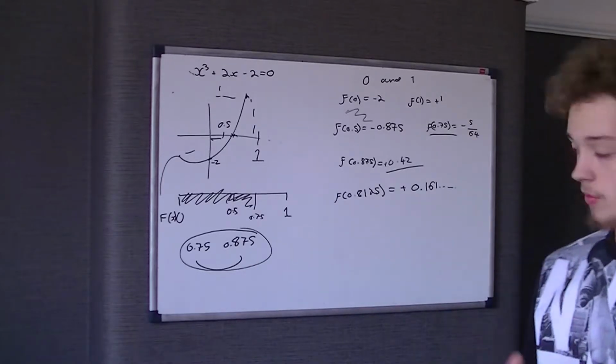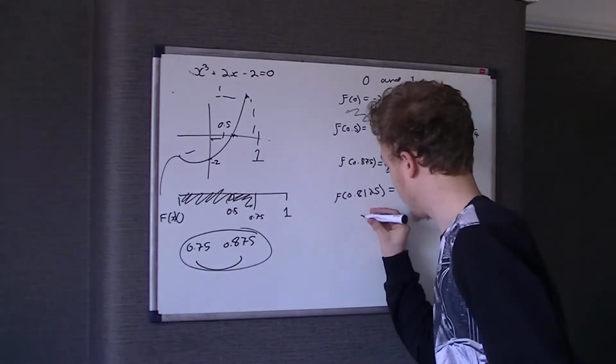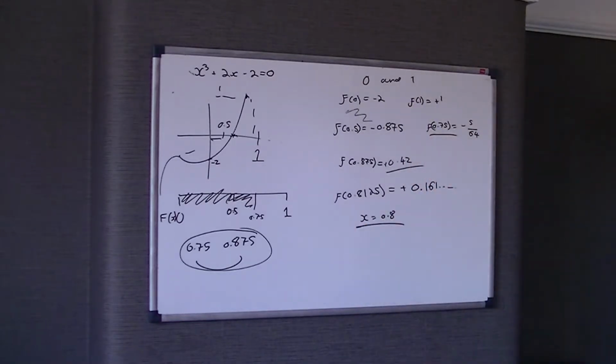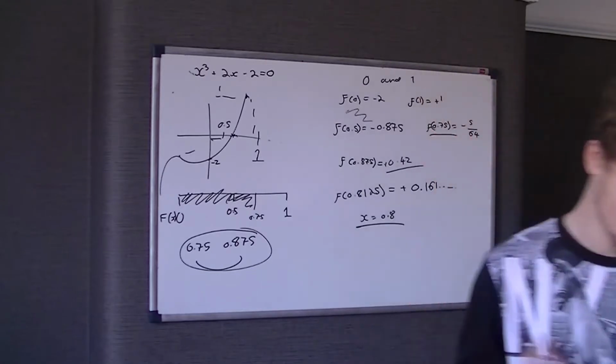So when we round it to one decimal place, the root x is equal to 0.8. Okay? Now that's pretty much the same method you would use for any equation or interval bisection method such as this.